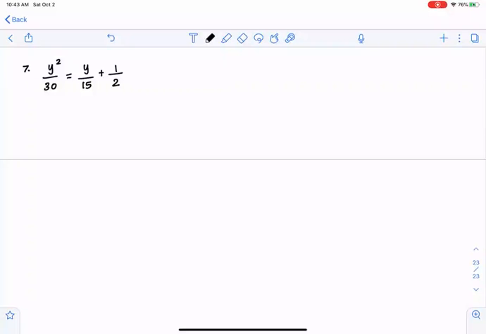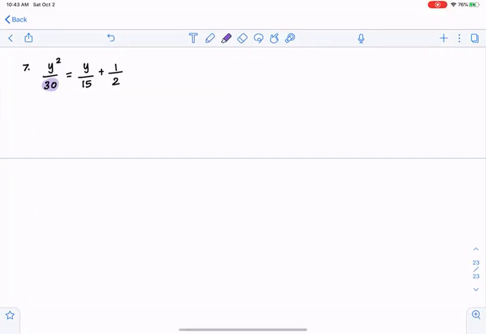So here we have y squared over 30 equals y over 15 plus 1/2. We have fractions. We want to eliminate the fraction first. The biggest of the three denominators is 30. So I'm going to multiply both sides by 30.